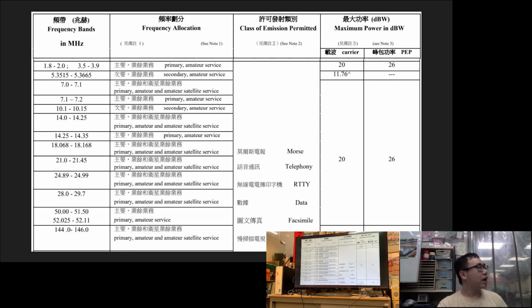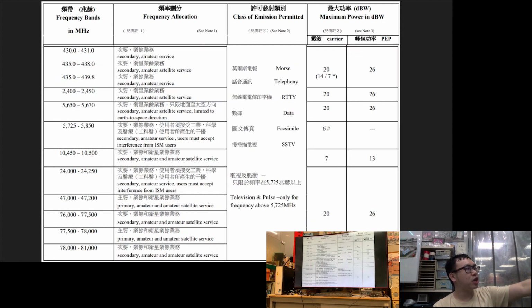Okay. And what you have to remember is the max power in dB watt, and the class of emission permitted. But for the class of emission permitted, you will see that for all the frequencies, they share the same class. And I will explain the details of them. There is one exception for 330 this band, this one, the first class.